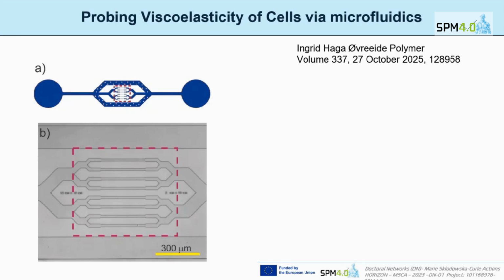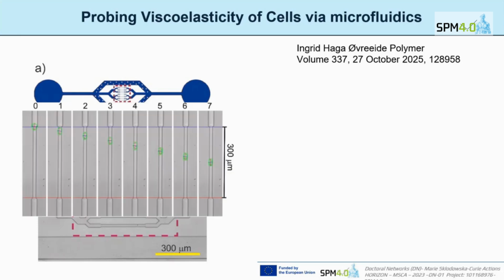So here you have an example where we were observing the transition time of different types of cancerous cells, and that could be related as well to the width of the channel. The height of the channel is a little bit smaller than the average size of the cell, and we are checking the diameter and how wide the cells become in the channel.